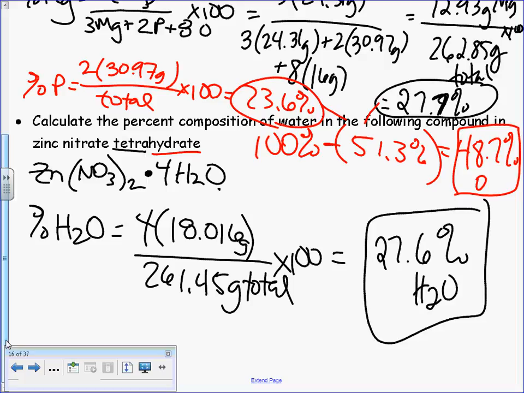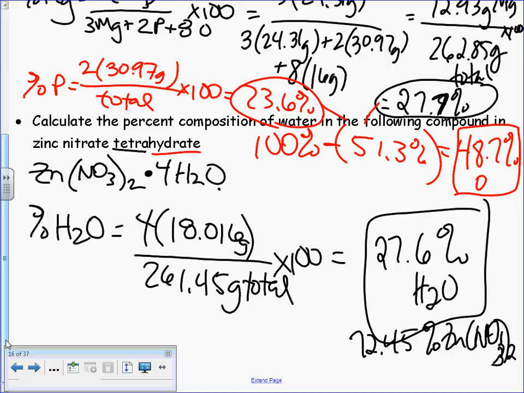Then what's the percent zinc nitrate? 72. So the other part of this, 72.45, right? So that would be 72.45% zinc nitrate.